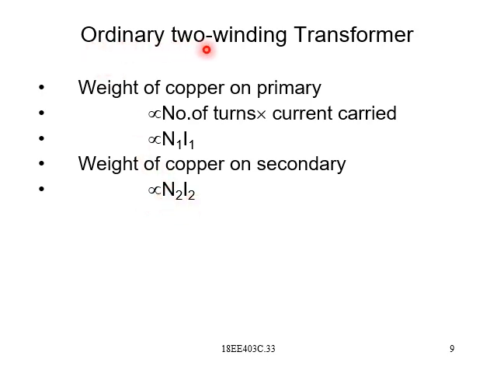This is for the ordinary two winding transformer. So the weight of copper on primary is N1I1, on secondary is N2I2.